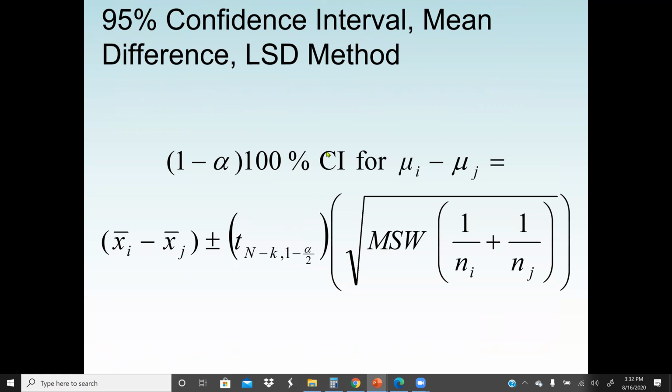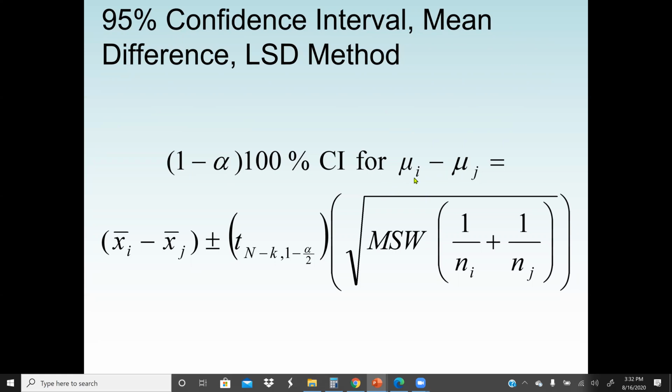Here we can also find the confidence interval for ANOVA, and also the mean difference, and also LSD. The confidence interval will be 1 minus alpha times 100% for the difference of the two group means.